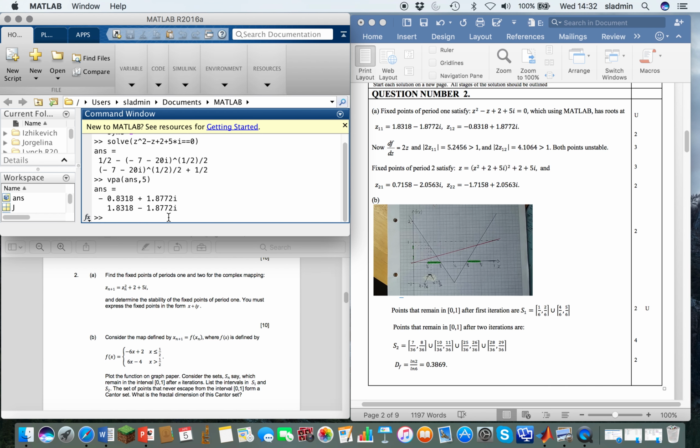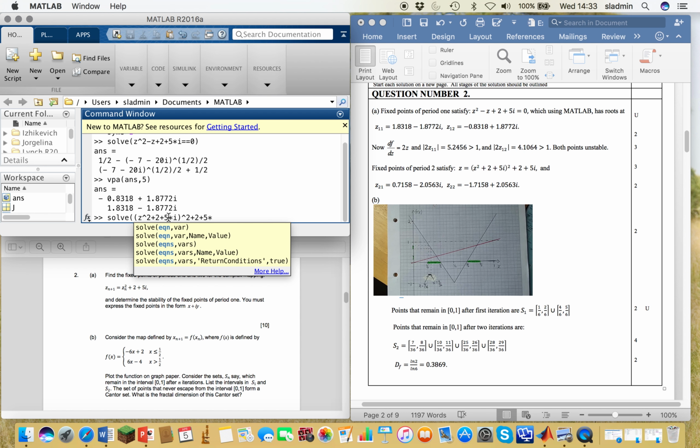We simply say solve, and we've got this quartic equation, which is Z squared plus 2 plus 5 times I, and then we square that, and then we add 2 plus 5 times I, and then we must remember to subtract Z. This is where most students make a mistake. They forget to subtract the Z when solving this equation, so you have to subtract Z.